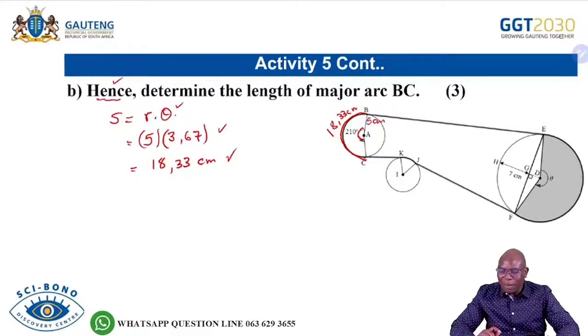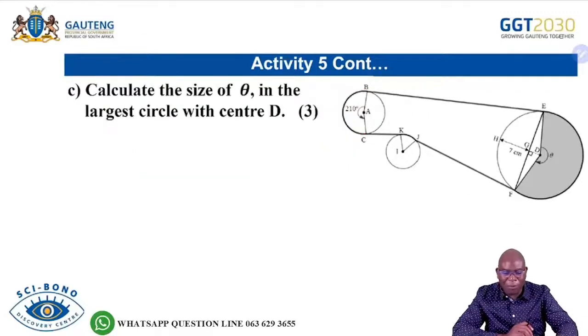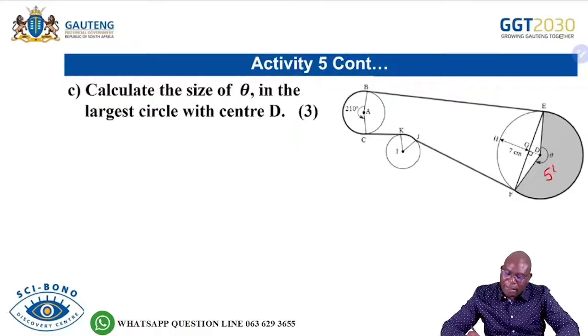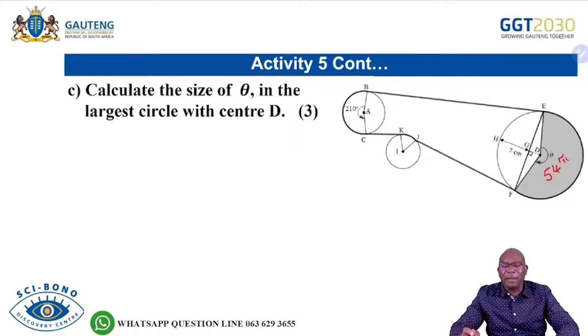Right, now the next question, still on the same one. It says calculate the size of theta in the largest circle with center D. Remember here the area is given as 54 pi. The radius is given as 9 centimeters. So what is given there?